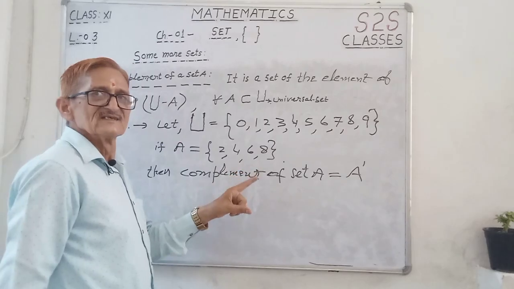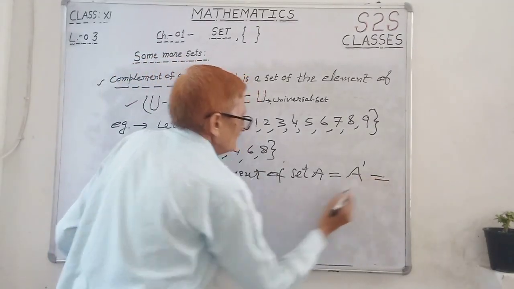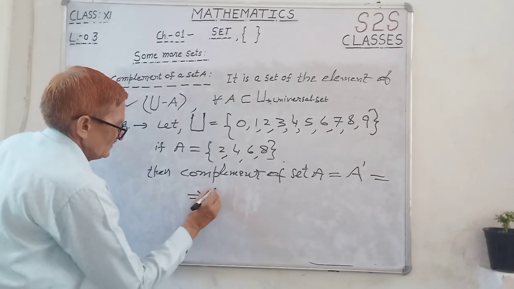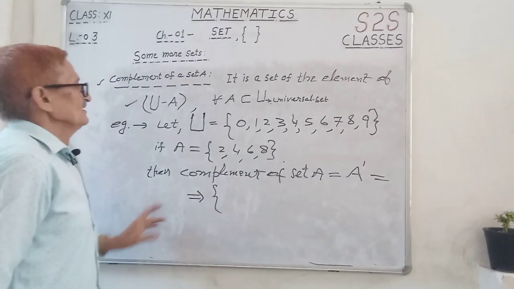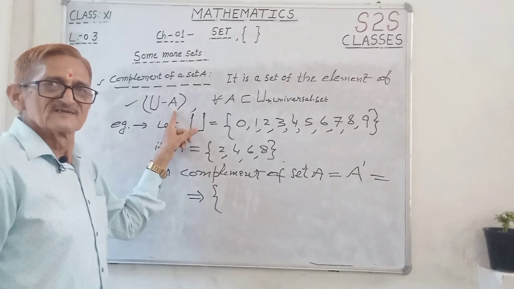So A dash is the complement of set A, which is equal to U minus A. I told you the subtraction of two sets.